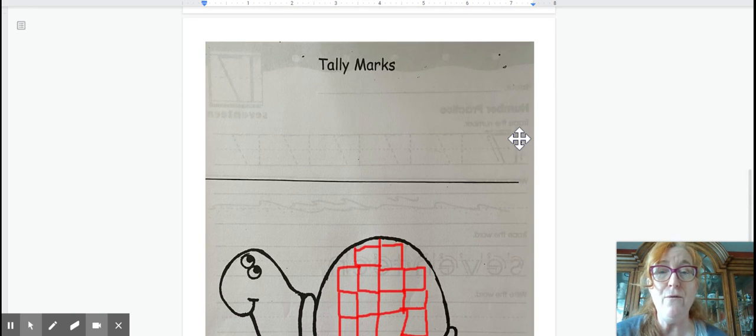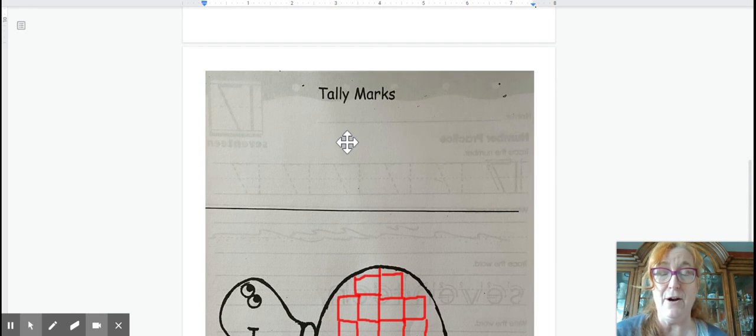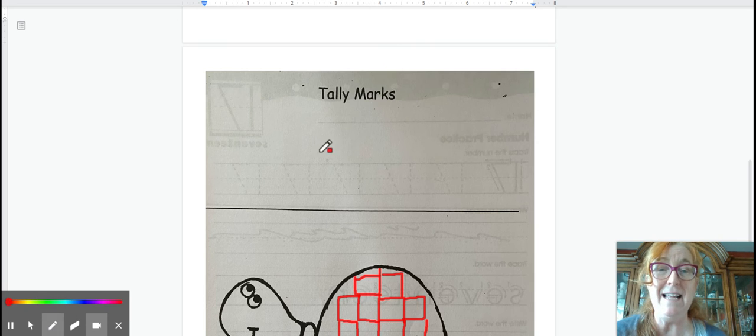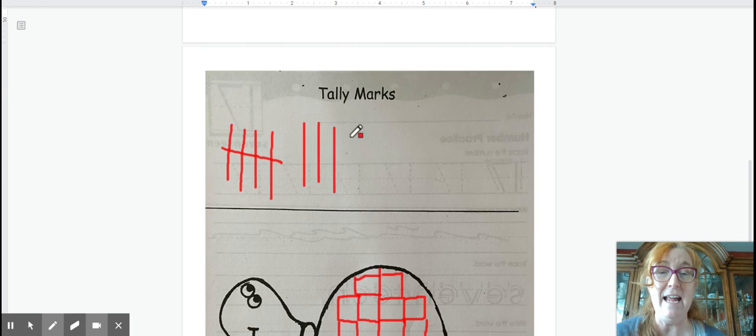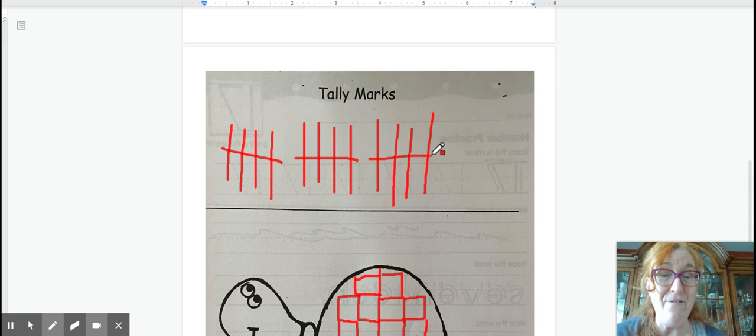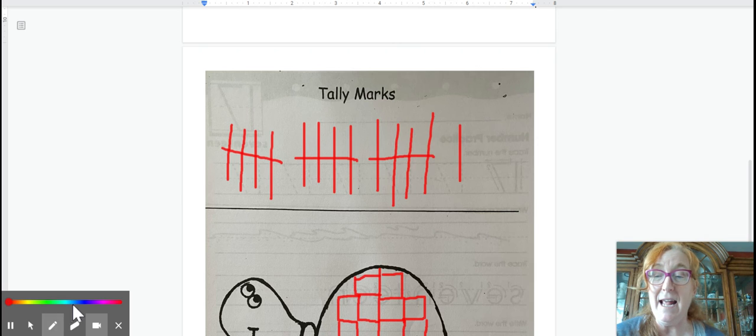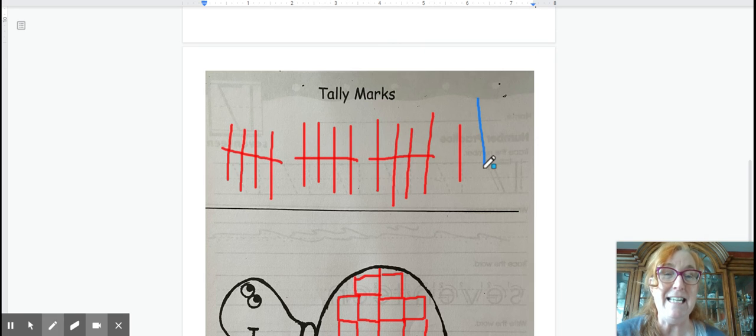Okay. All right, let's go for the tally marks here. And we're going to start with 16 tally marks. We have 1, 2, 3, 4, 5, 6, 7, 8, 9, 10, 11, 12, 13, 14, 15, plus one more is 16.